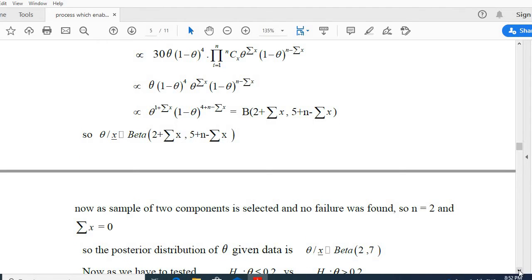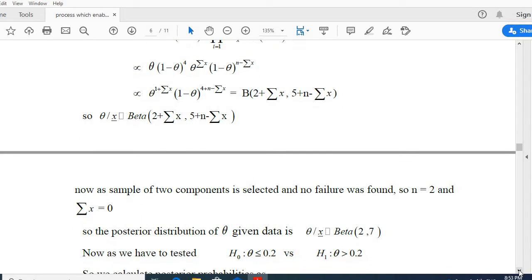So the posterior distribution of theta given x is beta with parameters 2 and 7, because n is equal to 2 and sum of x is equal to 0. Therefore the second value is 5 plus 2 is equal to 7 and the first is 2 plus 0 is equal to 2.